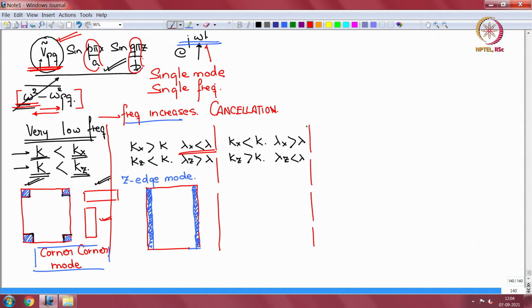So, one relative to the other based on dimensions and mode number. It could happen that we are presented with this situation as frequency increases. Then we have X edge modes. Two strips of this sort remain uncancelled. These are X edge modes.